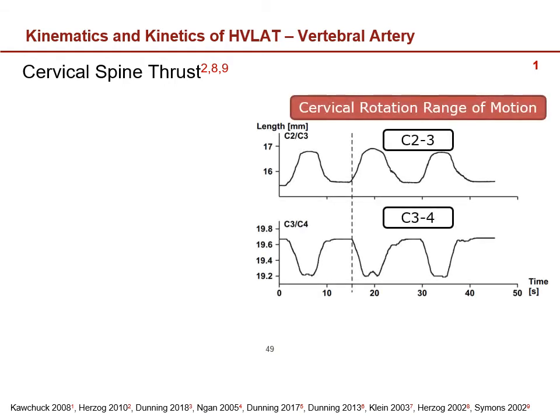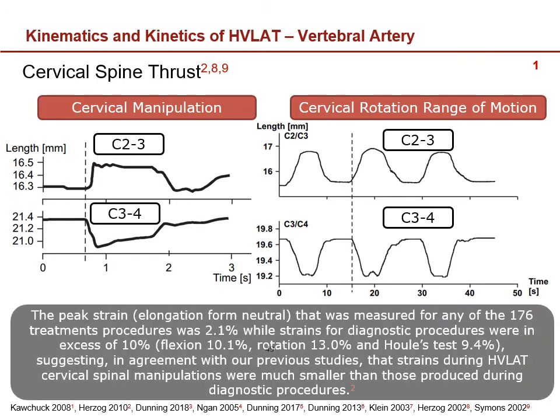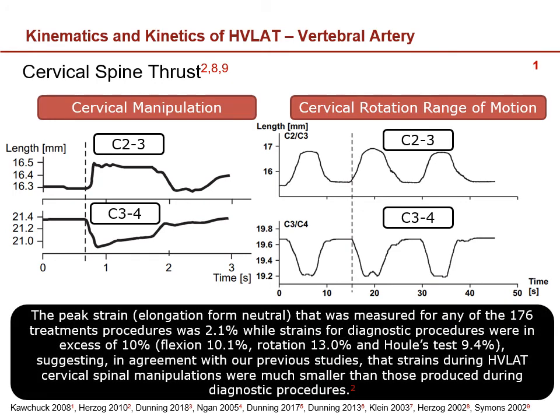Okay, so a similar research group looked at comparable strains and changes in length of the vertebral artery at different levels, C2 and C3, as well as C3 and C4, in relationship to the cervical rotation ranges of motion, as well as that of a cervical manipulation.